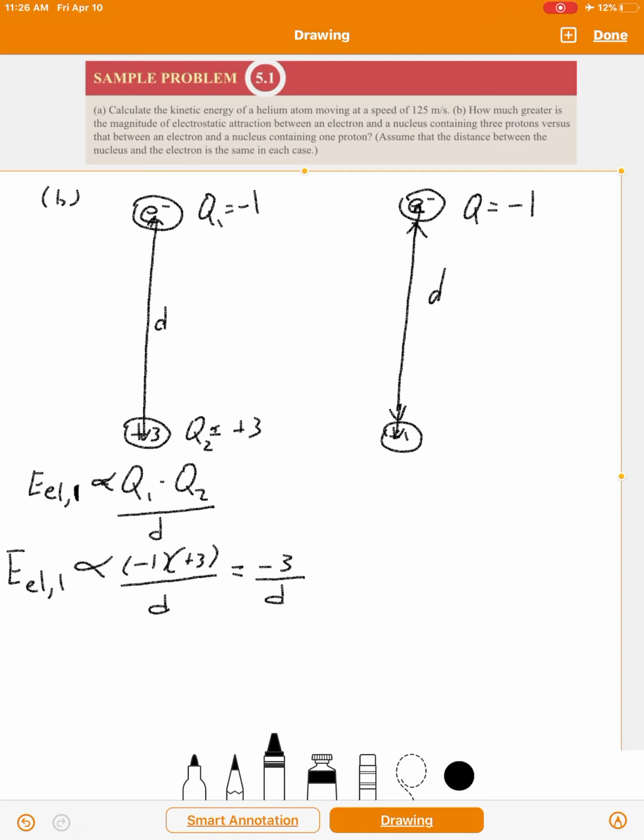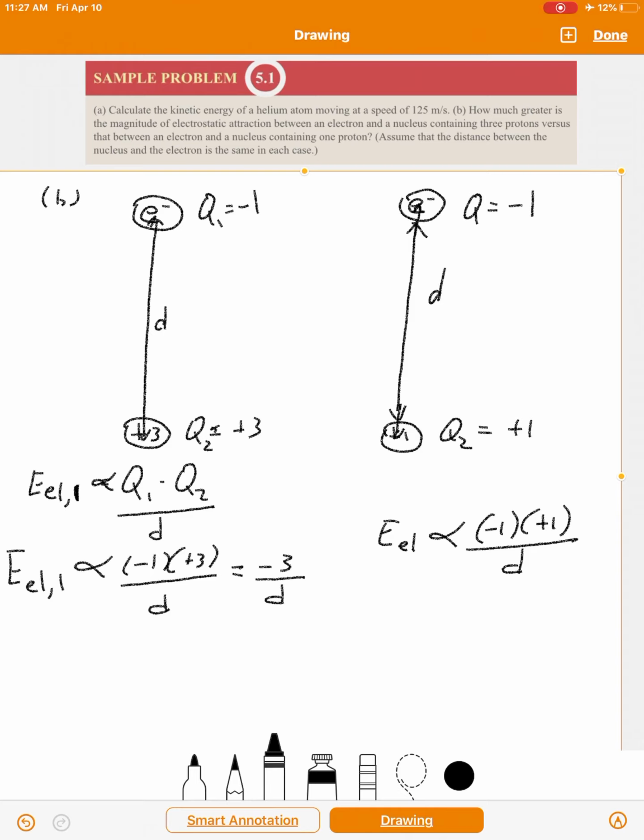Q1 is still the same, -1, but Q2 is now +1. So the electrostatic energy here would be proportional to -1 times +1 over D.